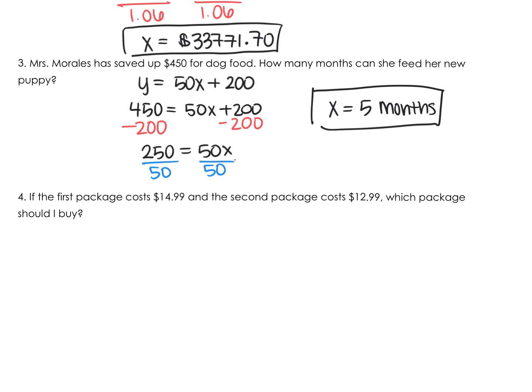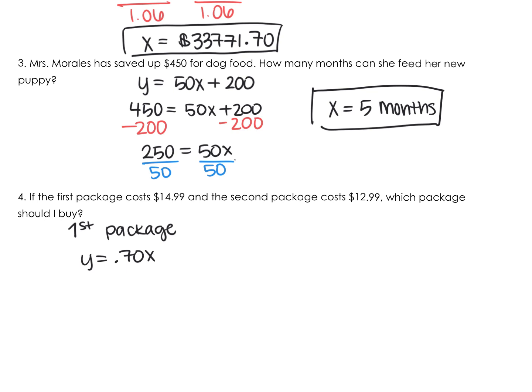All right, last example. So going back to my pen example, the first package of pens cost $14.99 and the second package cost $12.99. Which package should I buy? So for the first package, we are going to use the equation y equals 0.70x, and we know the original cost.